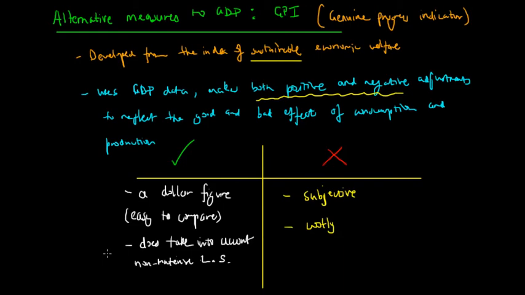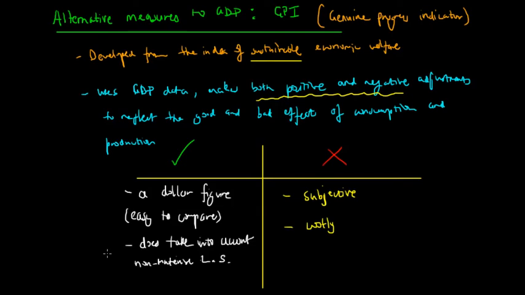So the disadvantages of GPI are that it is subjective, in that the people or the company that produces GPI actually has to make subjective and discretionary judgments as to the dollar value of, say, pollution, or the bad effects of consumption, or the positive effects of production as well. So it is very subjective and can be very costly to produce as well.